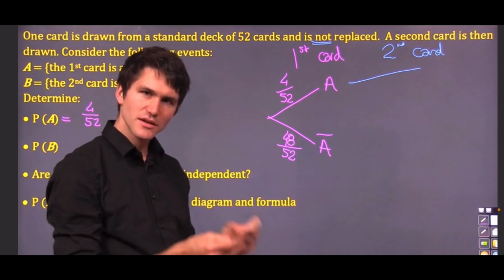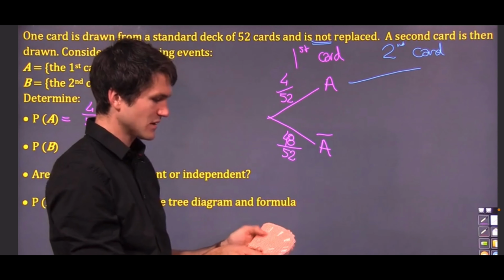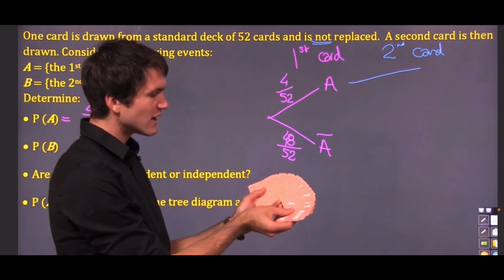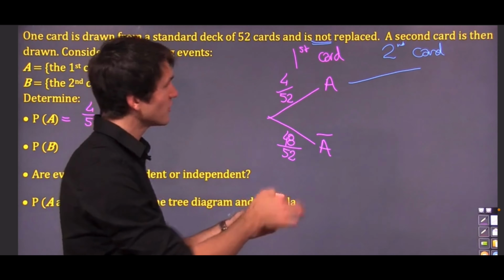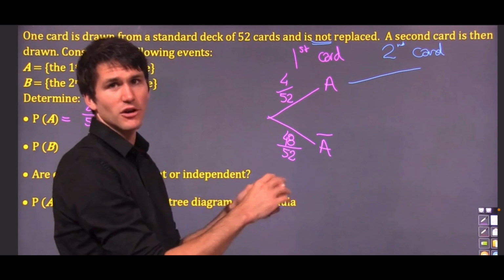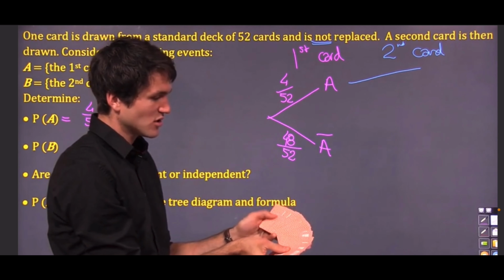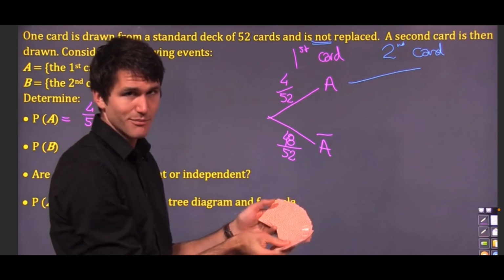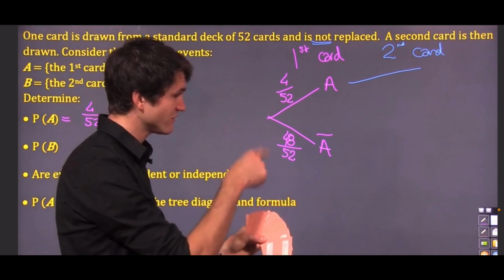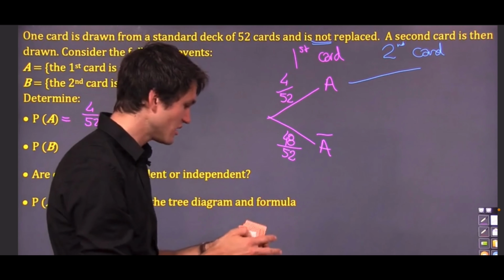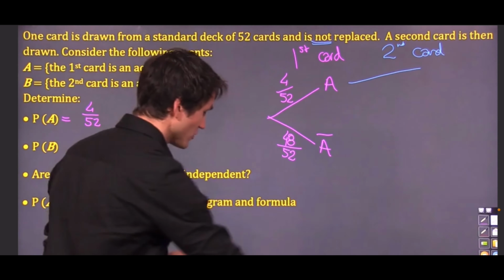Okay, now I've got my second draw. Looking through my other cards, how many cards do I have left? Well, since I already drew one, I've only got 51 cards left. And I'm looking for an ace. Well, there were 4 aces, but I drew one of those aces in the first draw. So on my second draw, I've only got 3 more aces to look for.